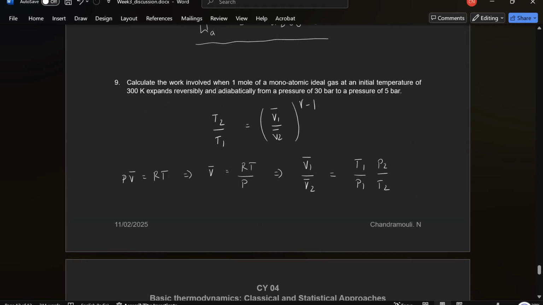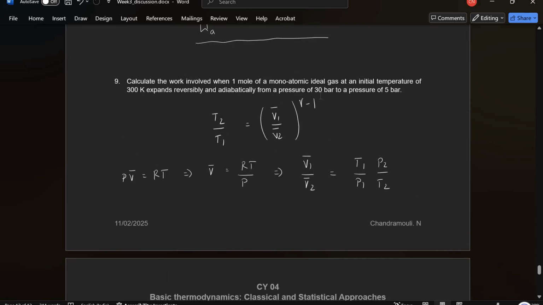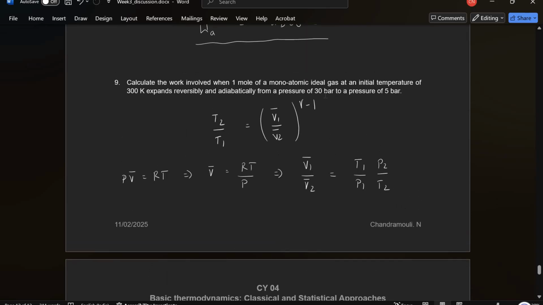So basically, I'm trying to calculate the work done in a reversible adiabatic expansion of a monatomic ideal gas. Since the common expression relates temperature and volume, and we don't have volume in the question, I'm converting the relation to one that equates temperature and pressure.